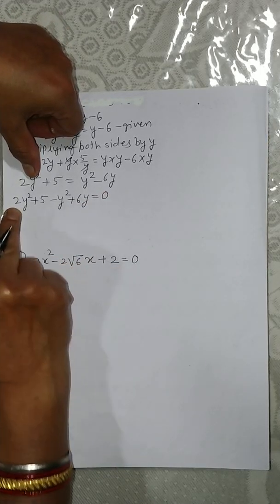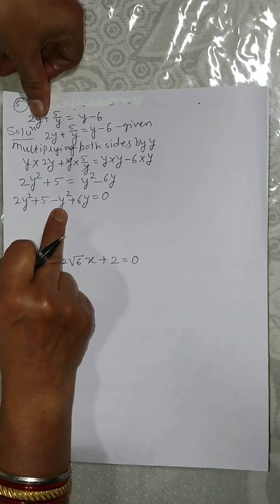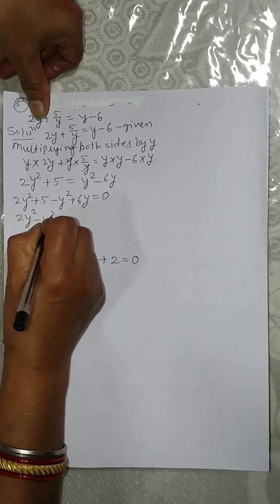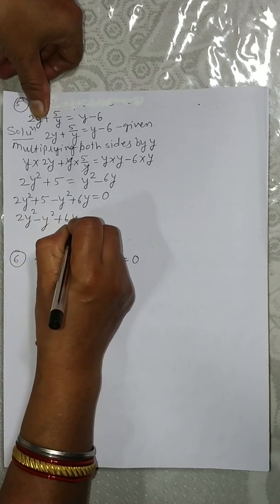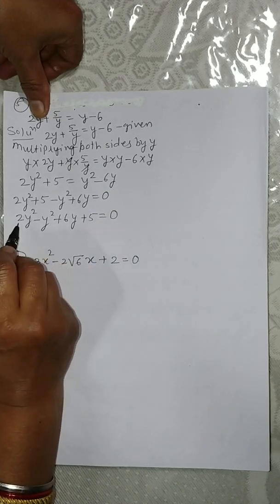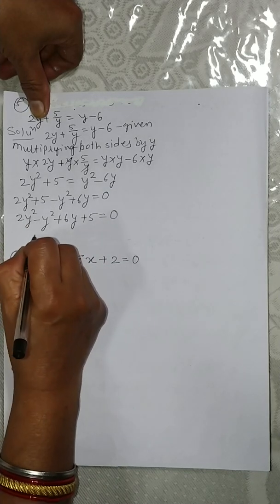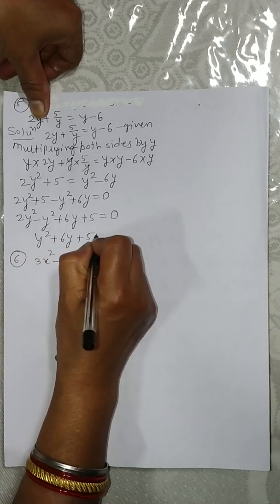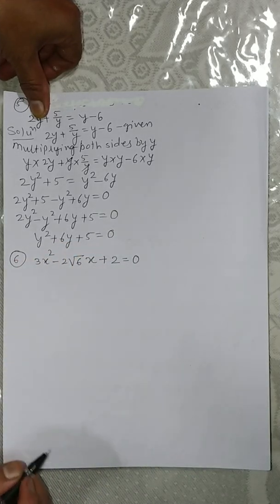Now here 2y square minus y square plus 6y plus 5 equal to 0. Now 2y square minus y square is y square plus 6y plus 5 equal to 0.